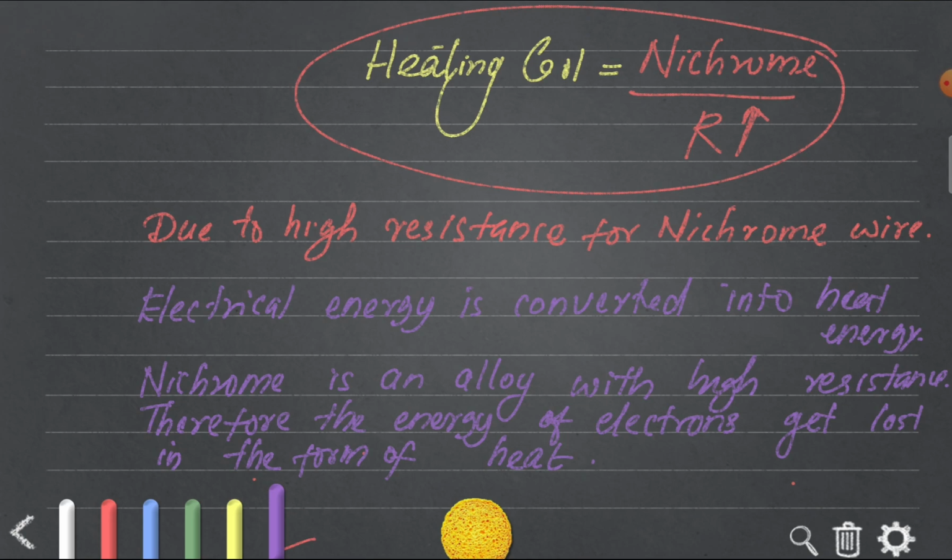You should keep this in mind: as the resistance is more for Nichrome, electrons will find it really difficult to pass through the Nichrome wire. So the energy associated with them will be lost or dissipated in the form of heat, which is the reason behind this energy change. And you can also write that this follows the law of conservation of energy.